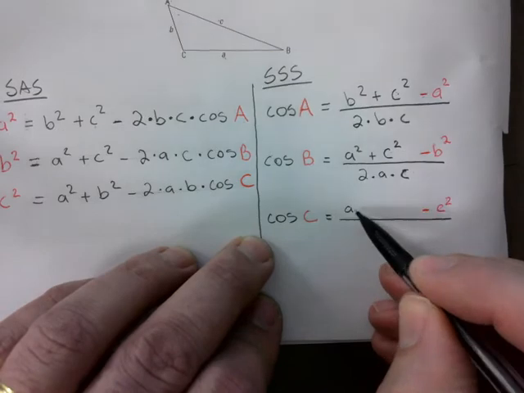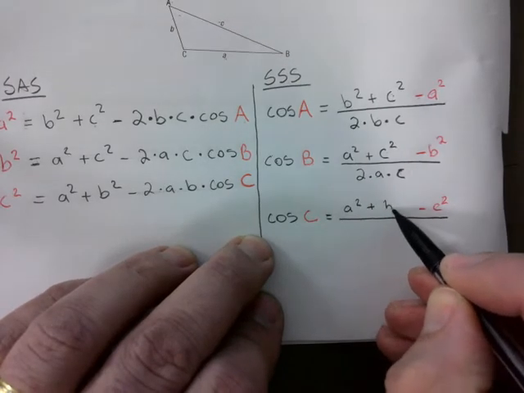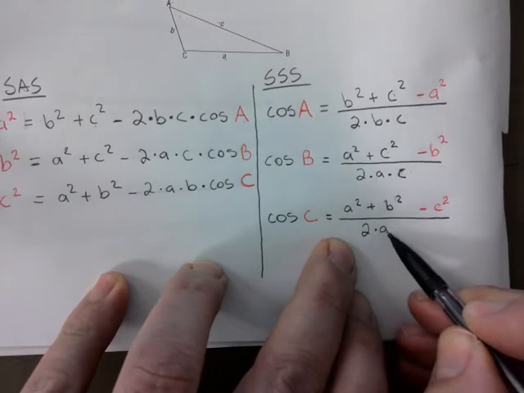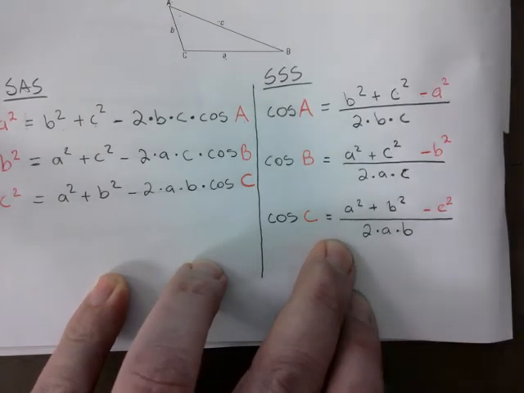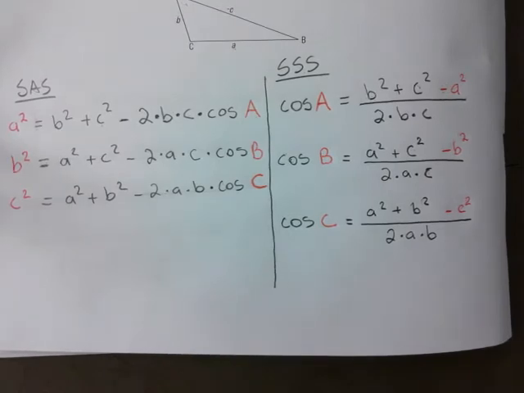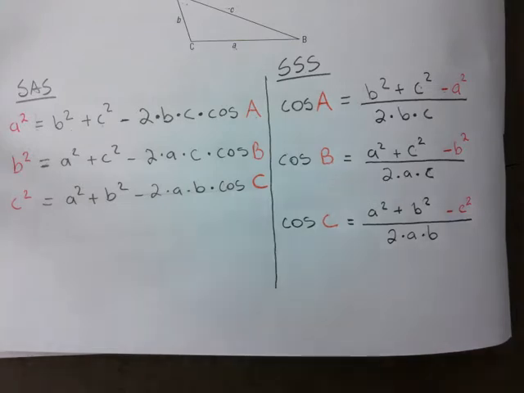And then you go A squared plus B squared over 2 times A times B. Those are the formulas.